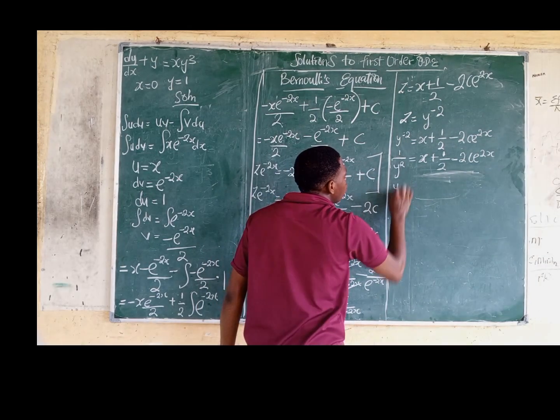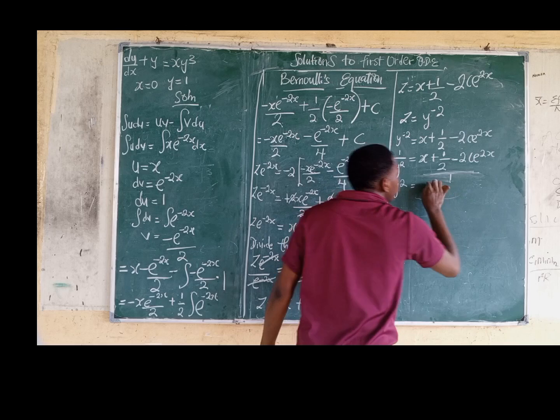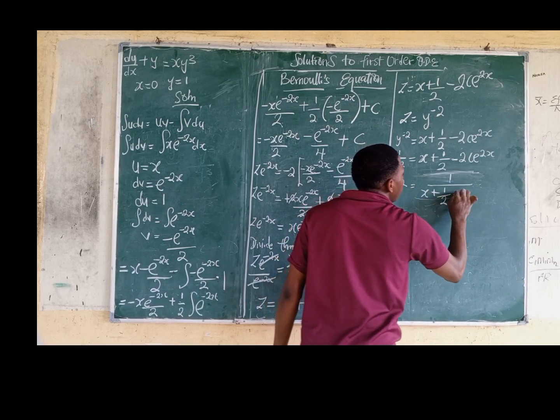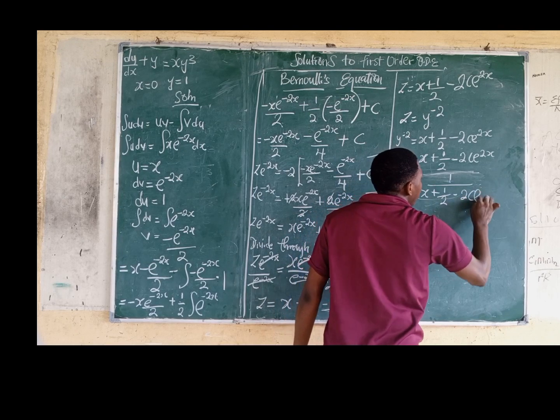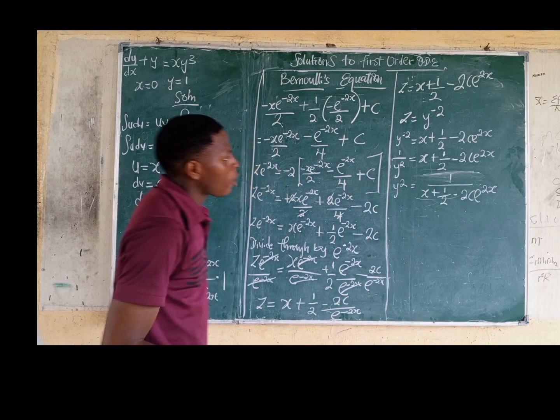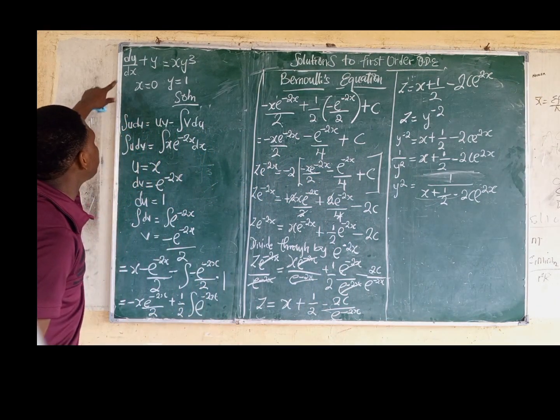So you have y raised to the power of 2, and this is equal to 1 over x plus 1 over 2 minus 2c exponential 2x. We are done. But our question says what?